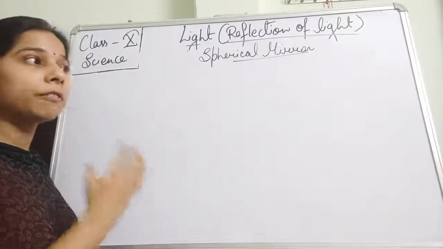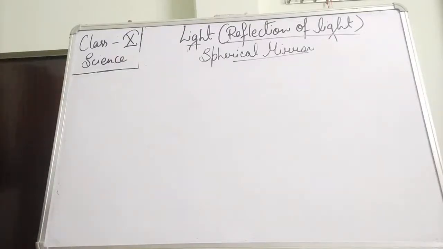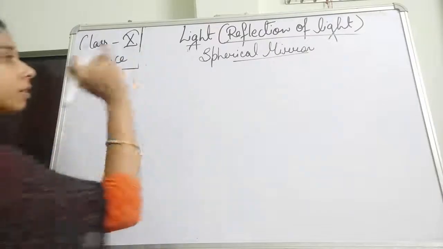So how does this diverging of the light rays happen? Basically, we will describe the spherical mirror.